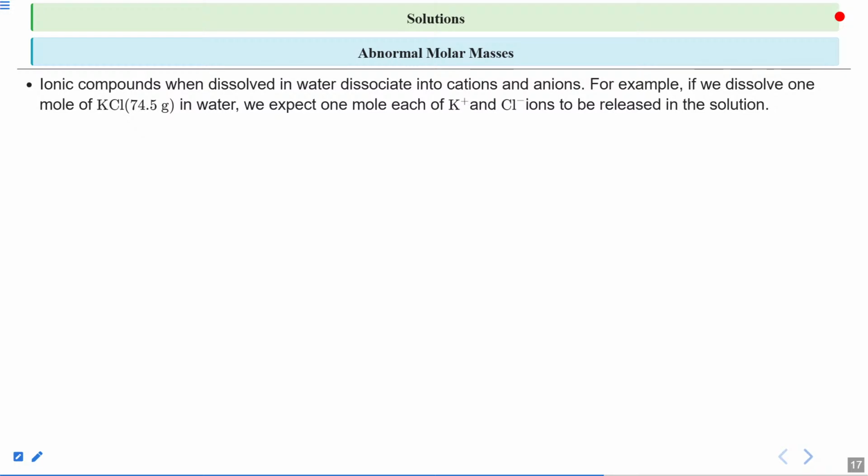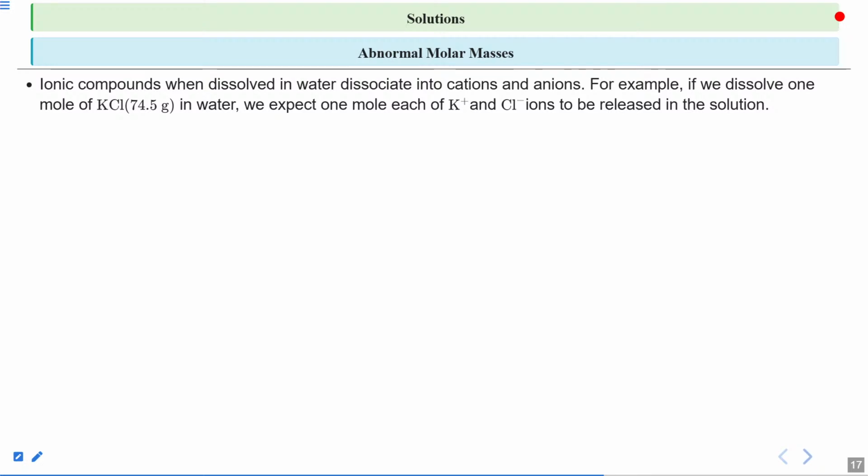As I have told you already, colligative properties are dependent upon the number of particles. It is not dependent upon the nature of particles, right? So, what is the problem with the ionic compounds now? When you are dissolving one molecule of KCl, when we are considering its concentration, we are considering KCl as one molecule.